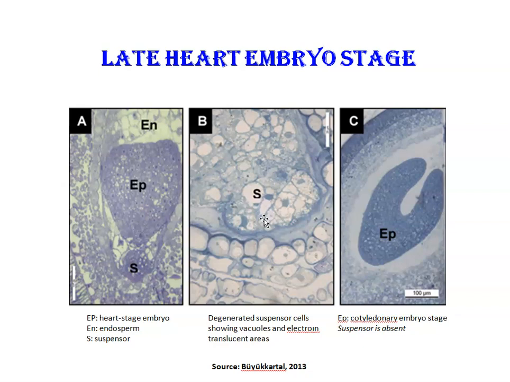During the heart stage of embryogenesis, the suspensor becomes large and less electron dense. Then vesicle-like structures also appear in the nuclei of the suspensor cell. The other organelles are not clearly defined at this stage.